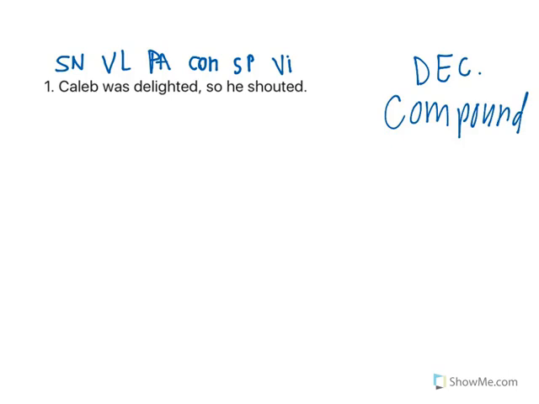So now we're going to diagram this, and it's going to be a little different than what we're used to. We're going to start with the first independent clause. Caleb was delighted. And we're going to diagram that as normal. Subject.